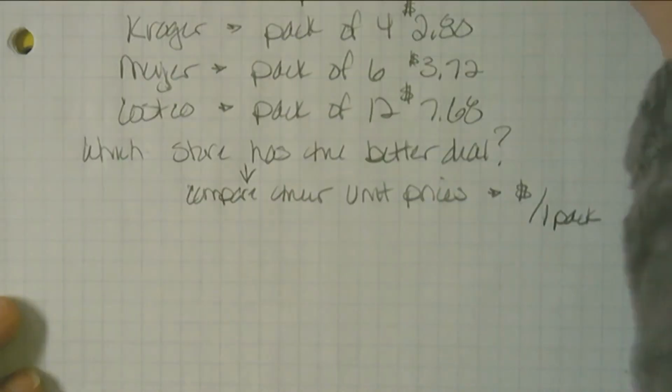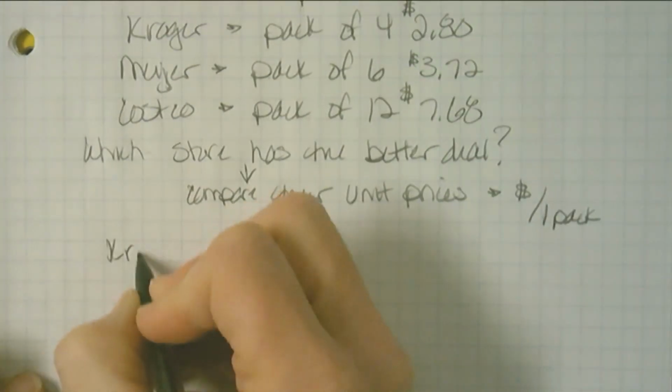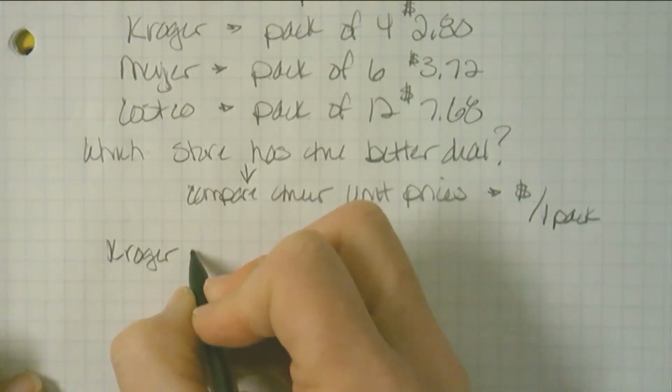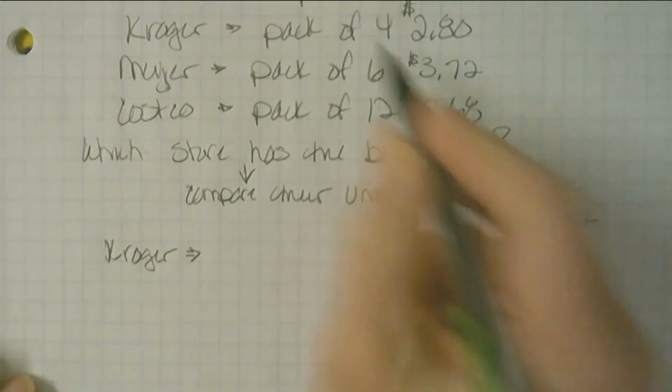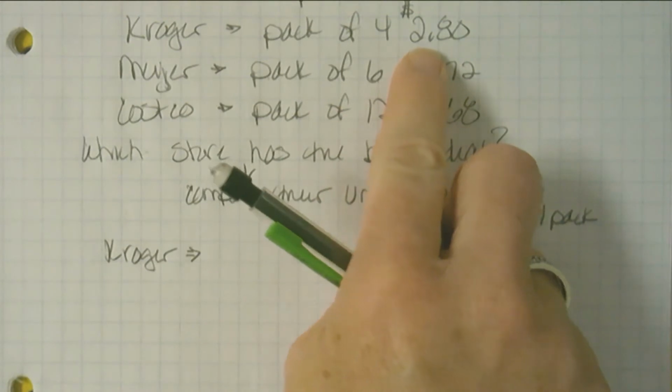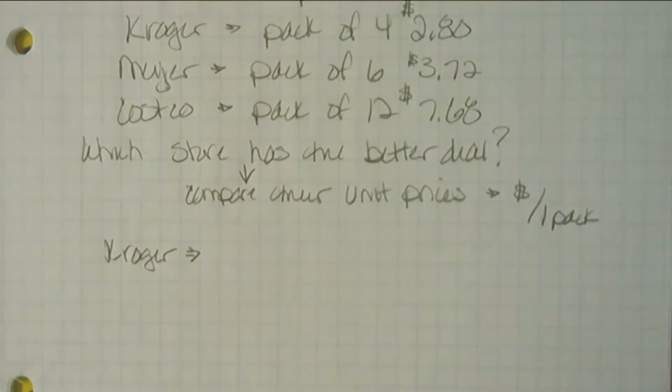All right. So we're just going to set up our information. So here's my Kroger. Somebody write that cost of 4 packs as a rate. Remember, I want the cost per 1 pack. So how do I write 4 packs are $2.80 as a rate? Peter?